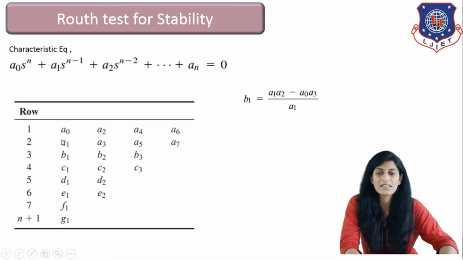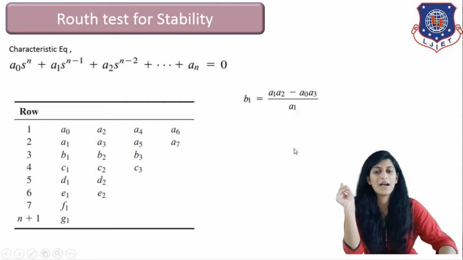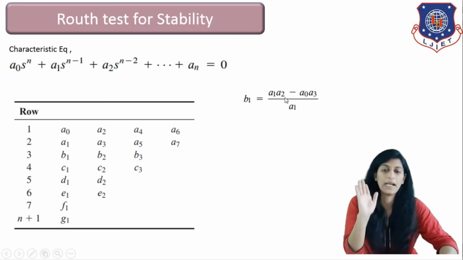How have we done this? If you want to calculate B1, you need to take the term above it, which is A1, and cross multiply that A1 with the term A2. So the first term is A1 into A2, done.